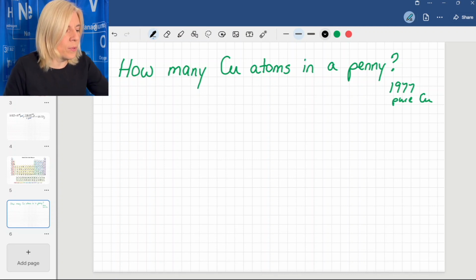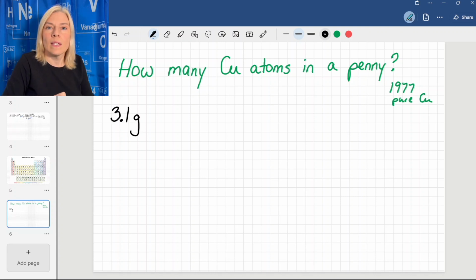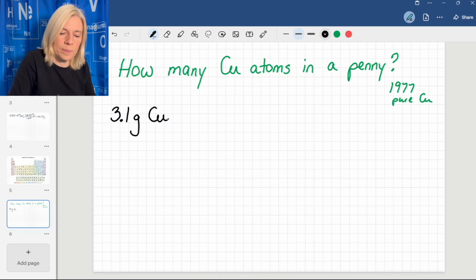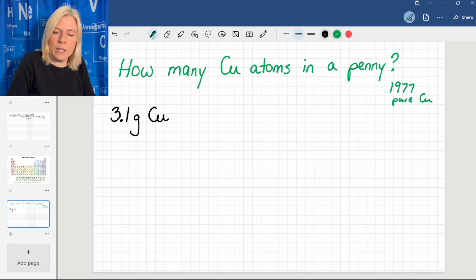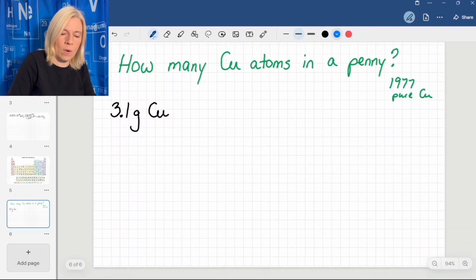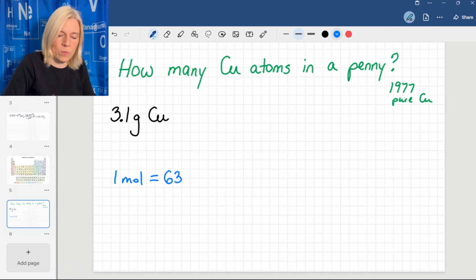Well, I'm going to put it on a scale, and I see that my copper penny is 3.1 grams. I have 3.1 grams of copper. Well, what do I know? Let's write these things down. I know that 1 mole of copper is 63.55 grams.